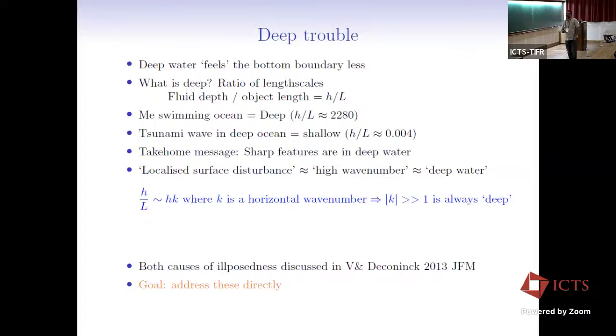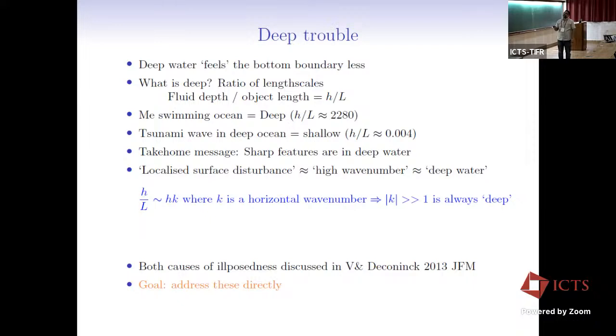Here's another hand-wavy reason why this problem is hard. If I imagine that the ocean is infinitely deep, what tends to happen to the velocities is as you go deeper and deeper, the velocities decay and go to 0. Okay? What does that mean? Well, first of all, let's define what I mean by deep.